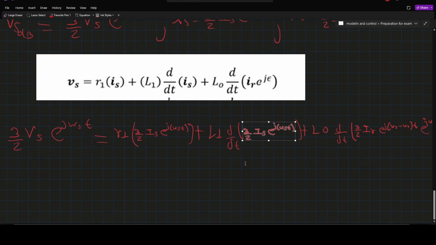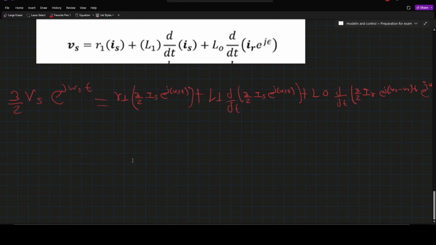Now we have the third terms R1, L1, and L0. I'm going to move some terms, since we need to figure out those derivatives.